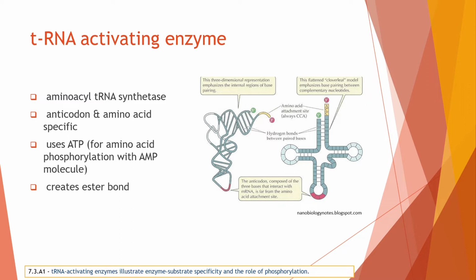Its work is to combine the proper tRNA with a proper anticodon to the relevant amino acid. And this combination will be performed using the ester bond, which is quite strong. So some energy will be used for this process in the form of an ATP molecule.